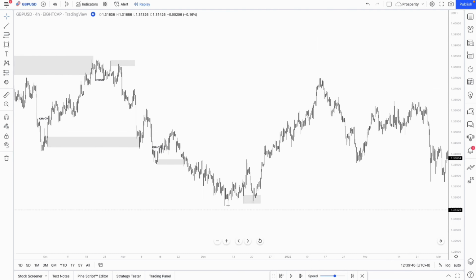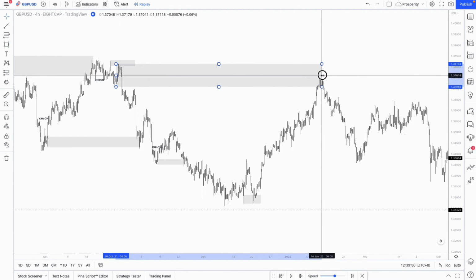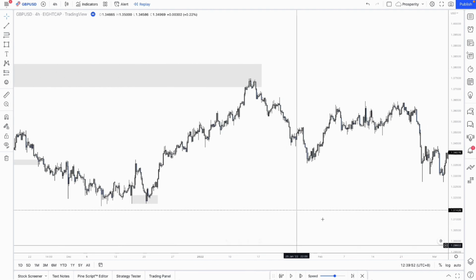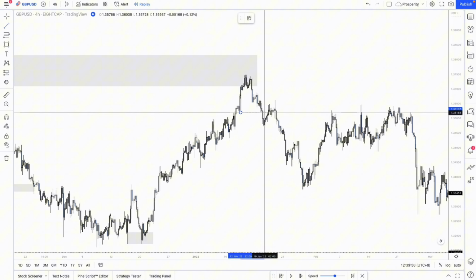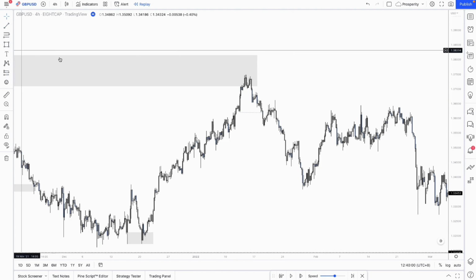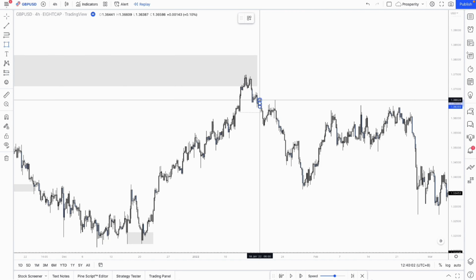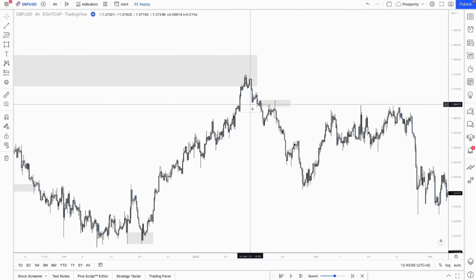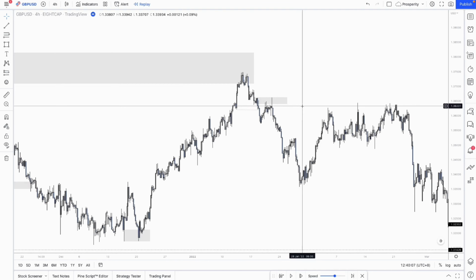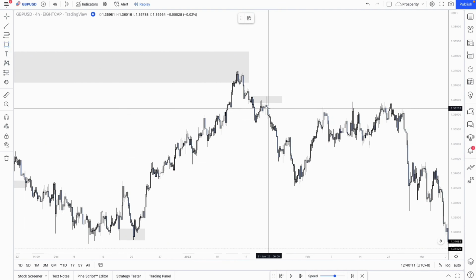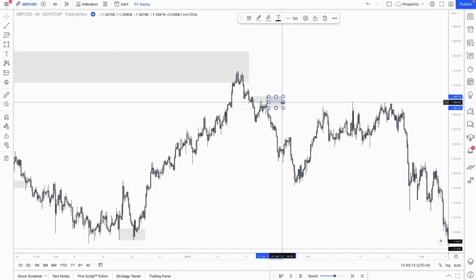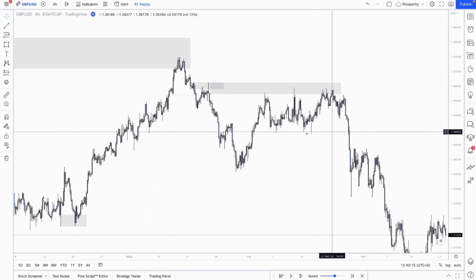And then coming from areas of supply, we realign when we change character again. We come back from our level of decisional, and then we put in new lows from a newly formed level of supply before the eventual melt off.